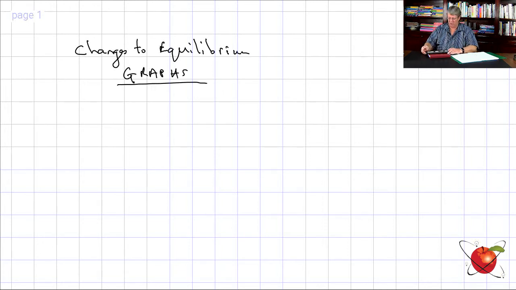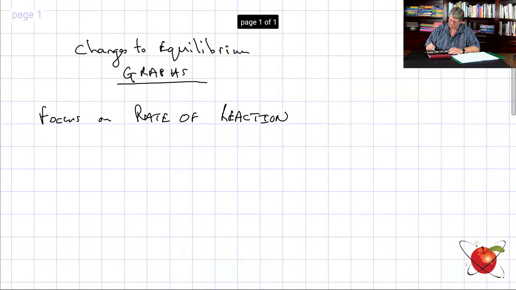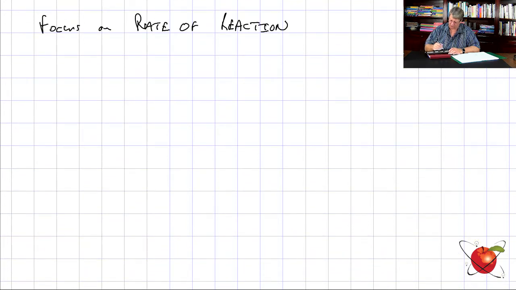And what we're going to do is focus on rate of reaction. Now what did we say? We said that in a rate of reaction graph at equilibrium, it looked like this.